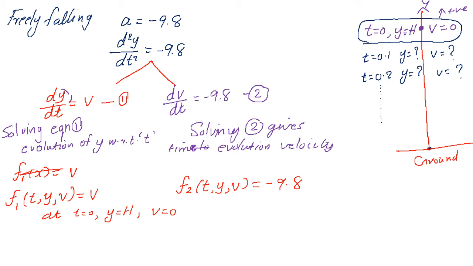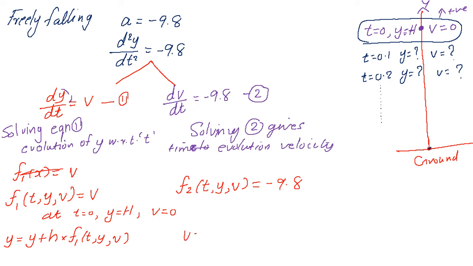Now how can you find the new y position? That formula is really simple. Your new y is equal to the previous value of y plus h, the time step, into f1 of t comma y comma v. So this will give you the new y value. Solving the second equation will give you the new v value. So how can you write?